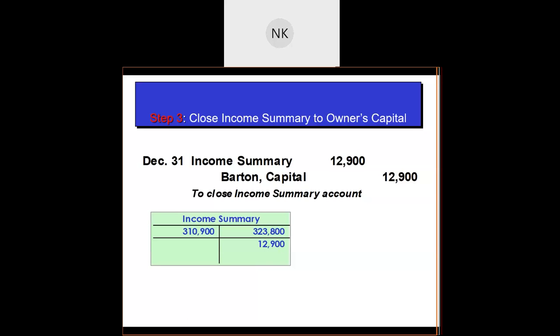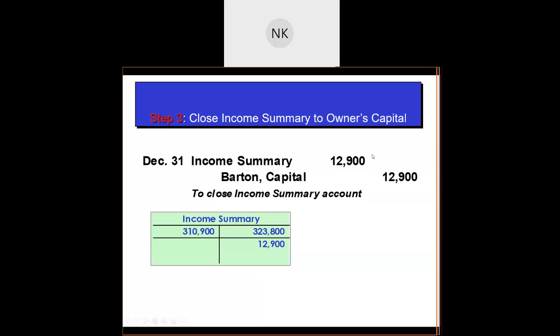So later when you prepare the statement of equity, at the end of December 31st you include the amount of income for that year.